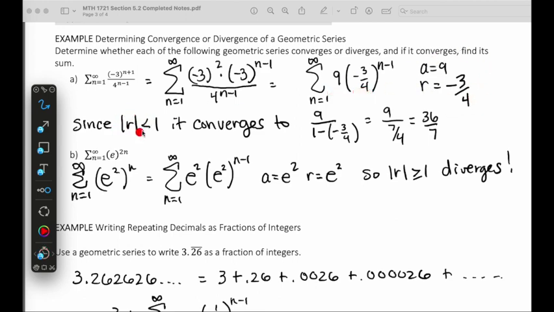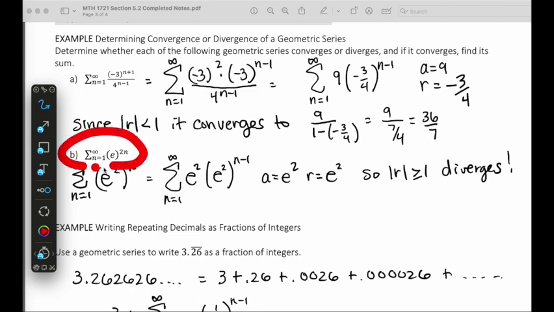So when I take the absolute value of r, that's definitely less than 1, so we know that it converges. Now we can use the formula a over 1 minus r to determine what it converges to. So here's my a on top, 1 minus my r, which is -3/4. And when we simplify that, we get 36 over 7.